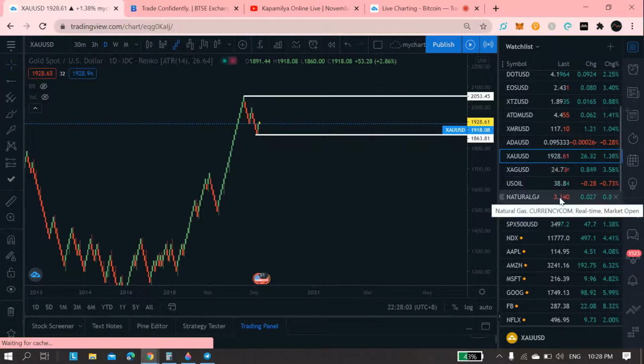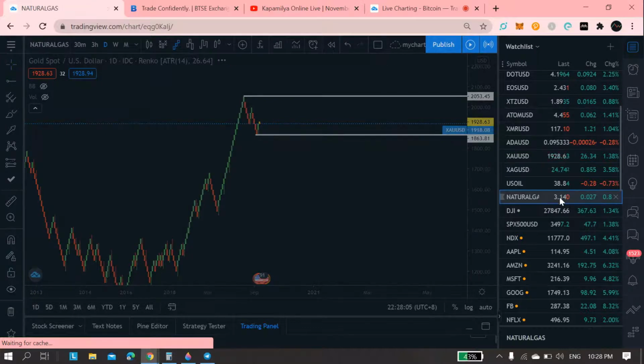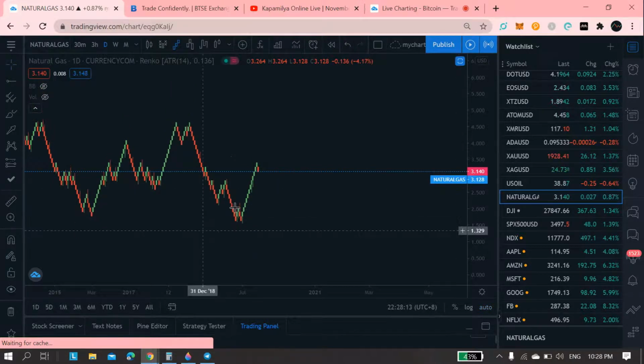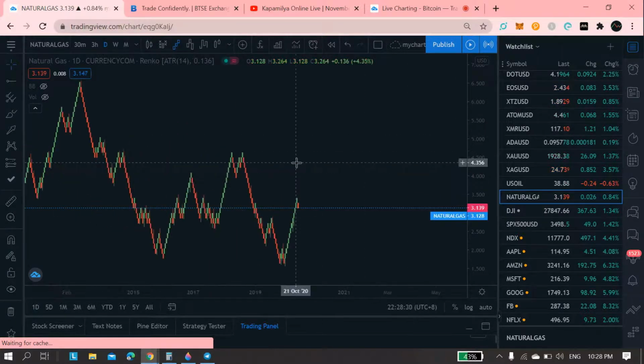I was left out here because actually this one, natural gas, I entered I think around $1 something, around this area, because this is the March prices, but currently I have no open position in natural gas.